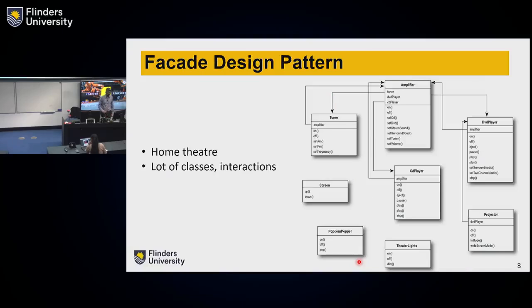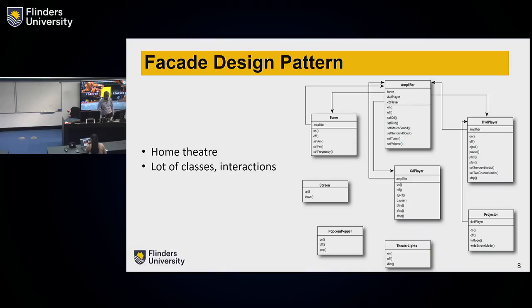The second design pattern is the facade design pattern. If you look over here, we have a system which is some kind of CD player or sound system. We have different classes: amplifier, tuner, DVD player, projector, CD player, and so on. If you want to create a new sound system, what do you need to do?